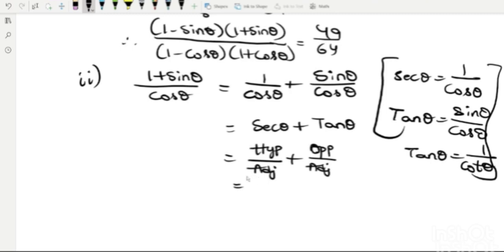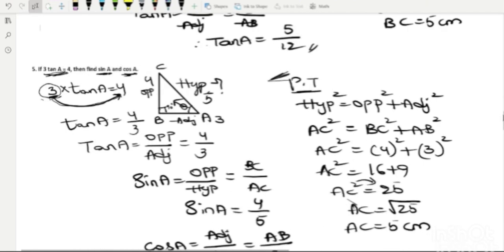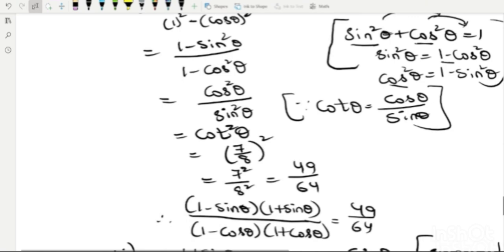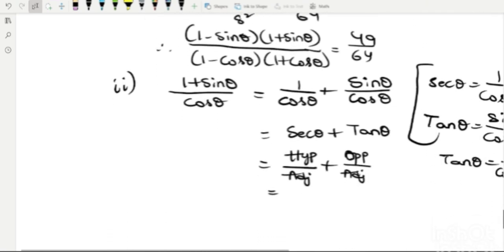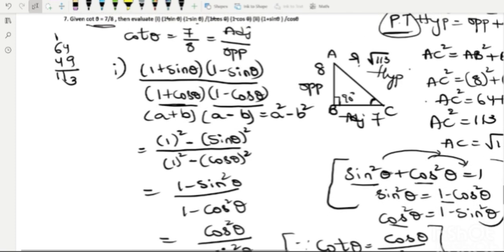We know that the hypotenuse value was root over 113. Here you can see the value of the hypotenuse is root 113 and the adjacent is 7.